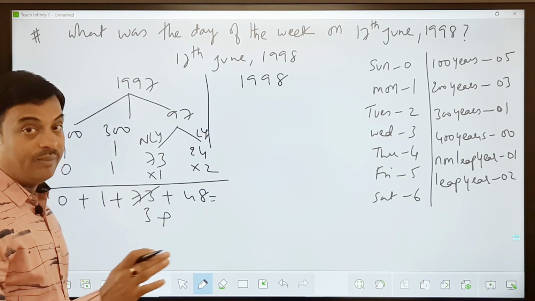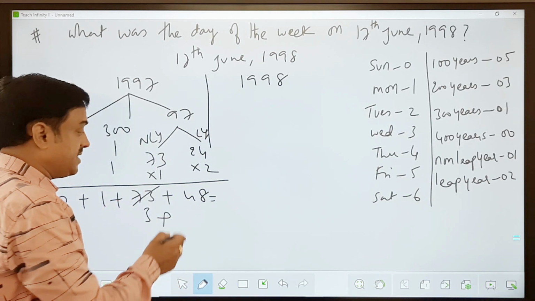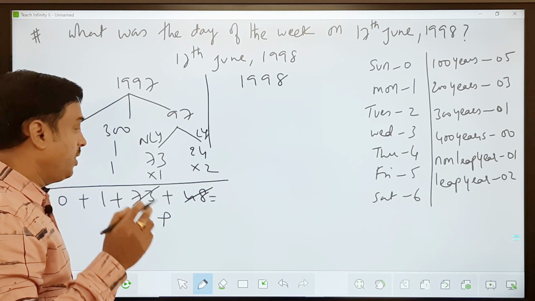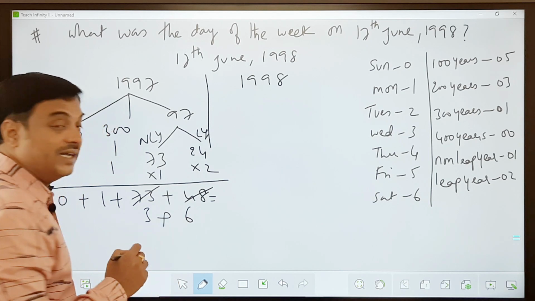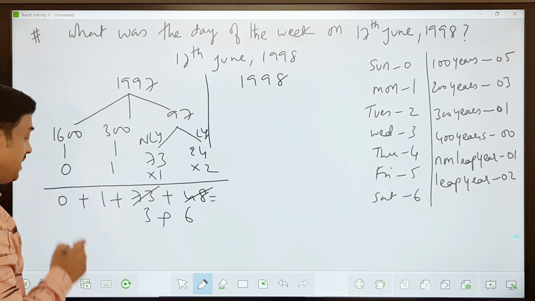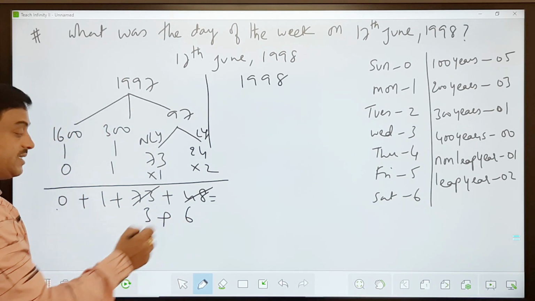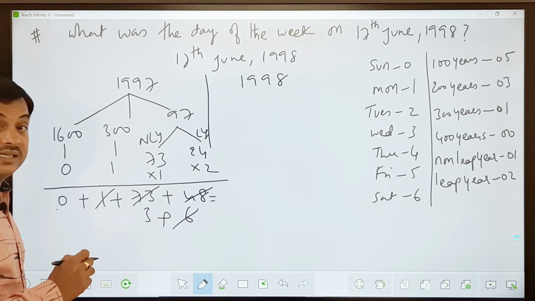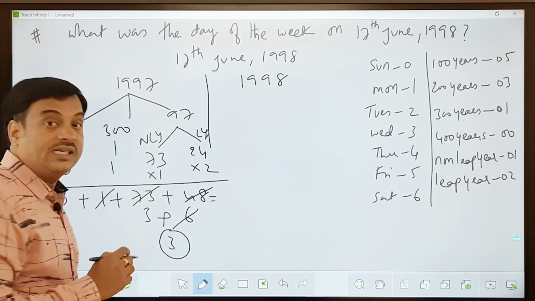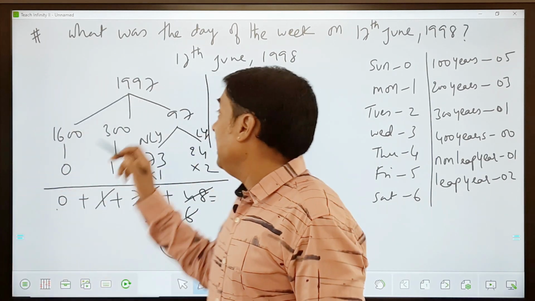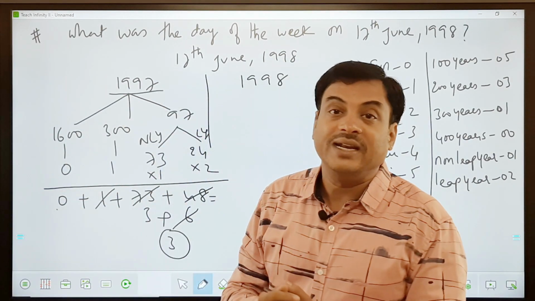I'm interested only in remainders. I'll divide this by 7, and we all know 42 is exactly divisible by 7, so here I get a remainder of 6. Ultimately you can see I got 0 plus 1 plus 3 plus 6. 6 plus 1 is 7, and finally I am left with 3 odd days till the end of 1997.